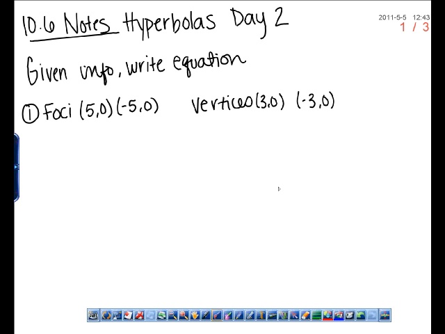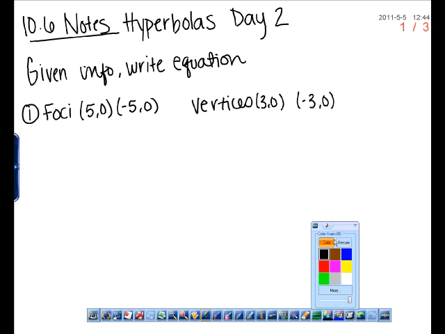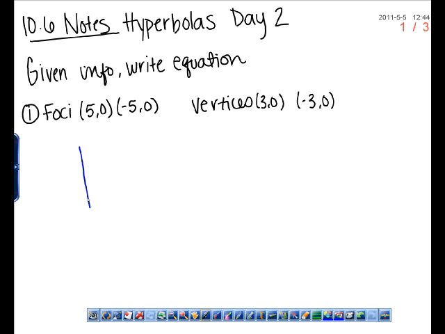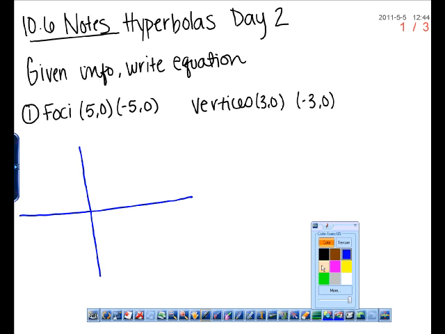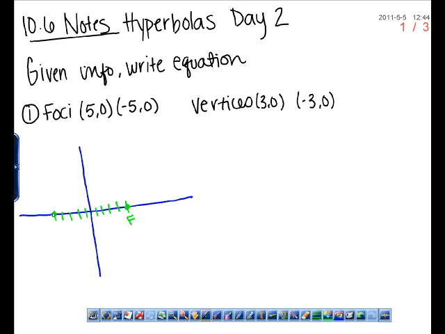Go ahead and draw yourself a little grid and plot what you know. So 1, 2, 3, 4, 5. There's a foci. 1, 2, 3, 4, 5. There's another focus.